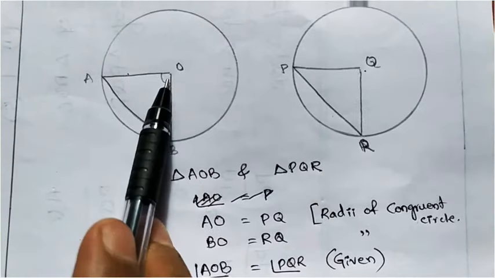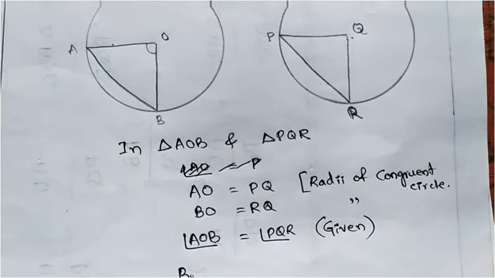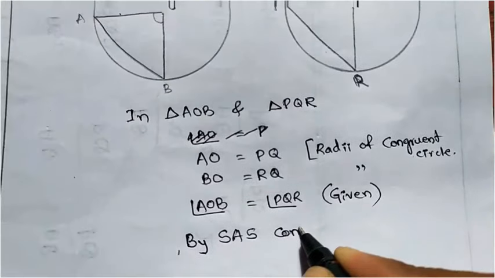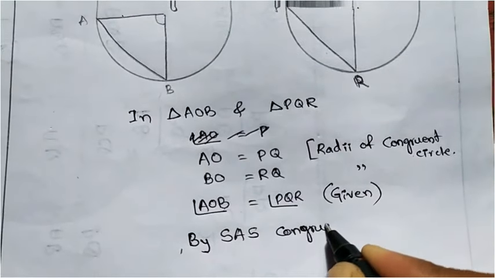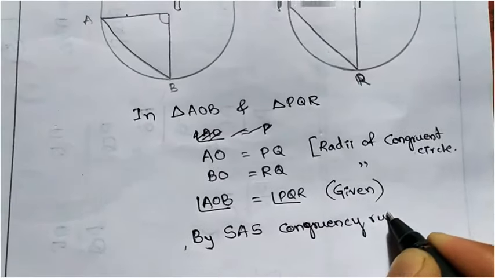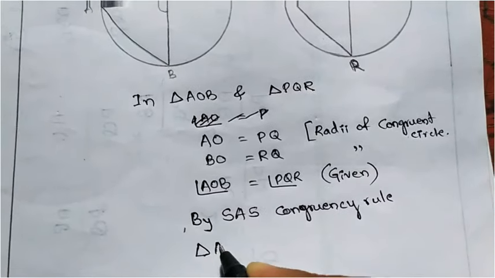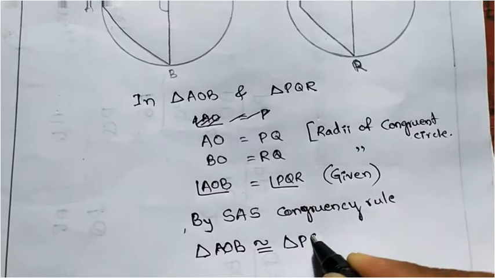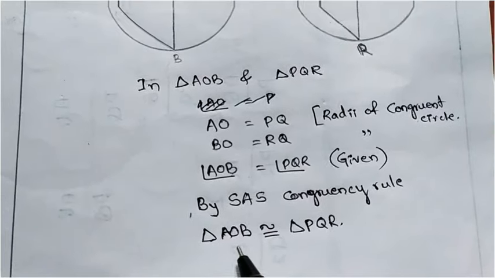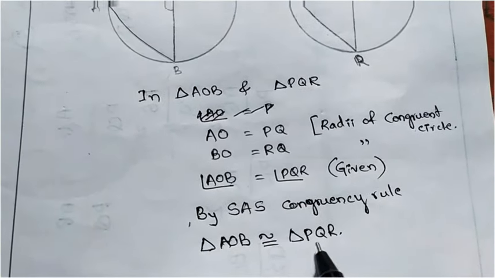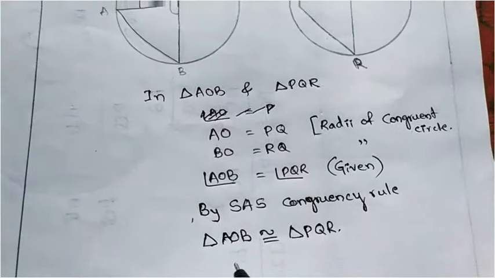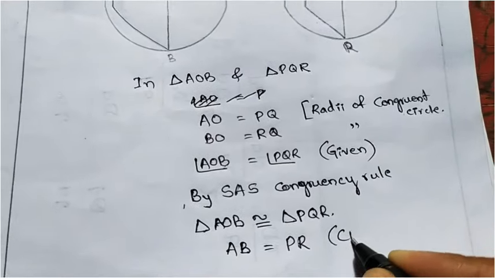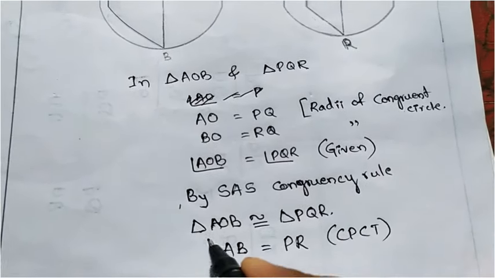So by the side angle side congruence rule, triangle AOB is congruent to triangle PQR. If the two triangles are congruent, then their corresponding sides are equal. So that's why AB equals PR, that is CPCT. So this is our required answer.